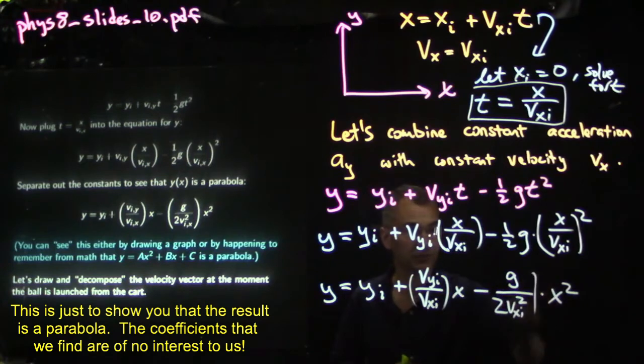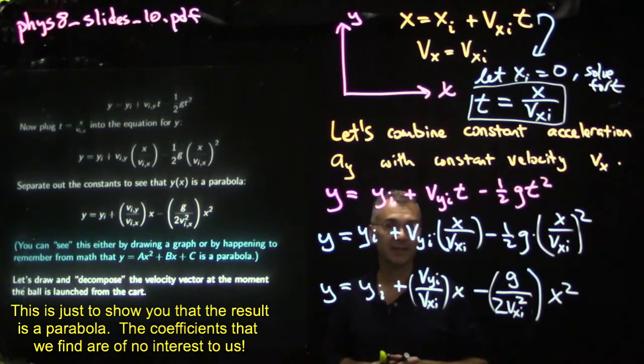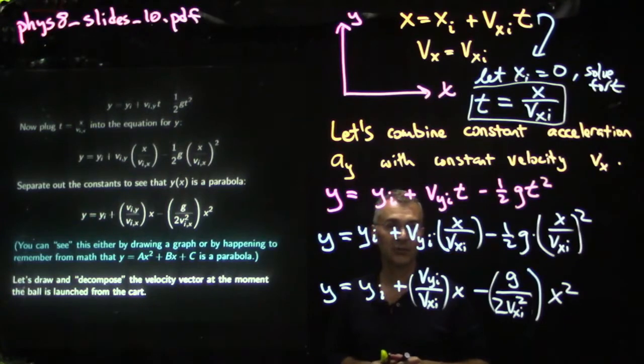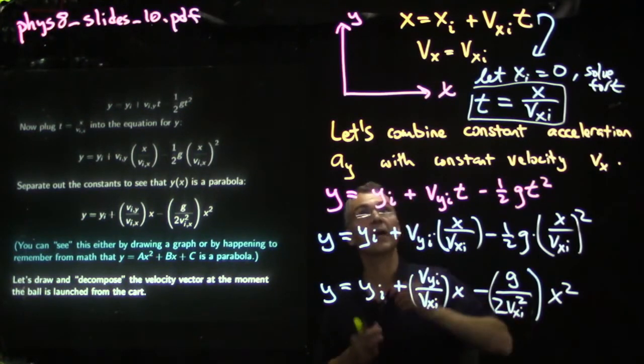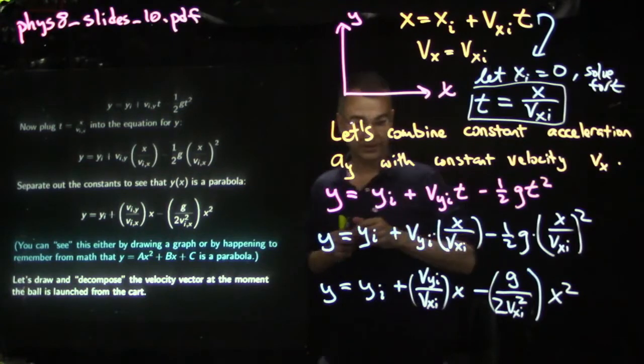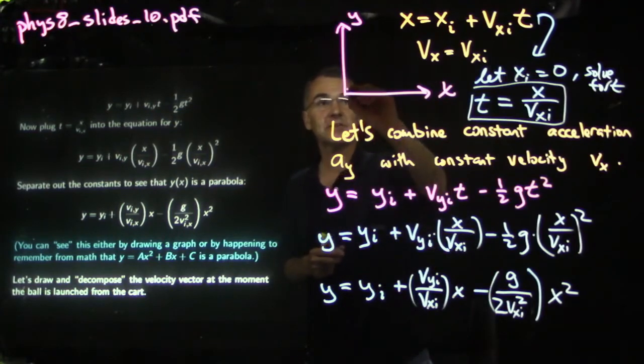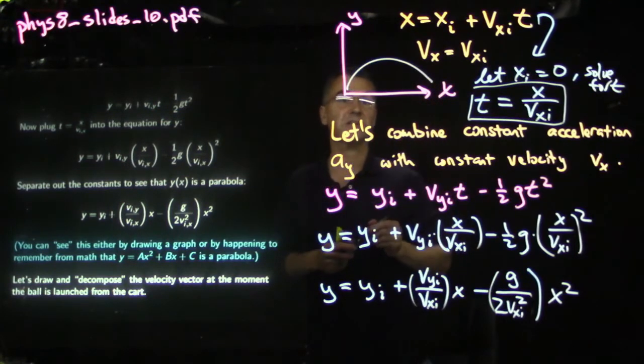So this is like a coefficient in front of x squared. And you may or may not recognize this result as an equation for a parabola. So it's that y is a quadratic function of x. So if you graph y as a function of x, you'll get something that sort of looks like this.